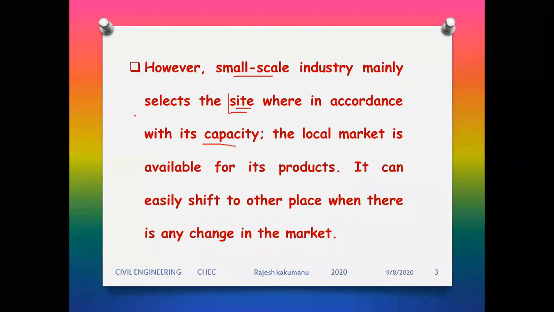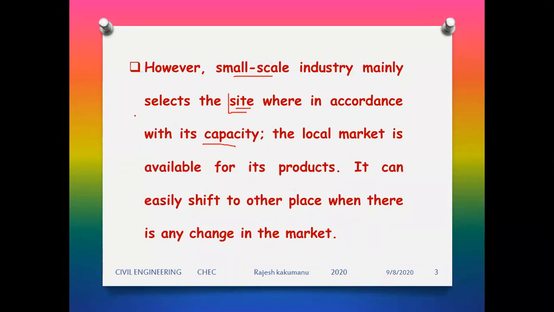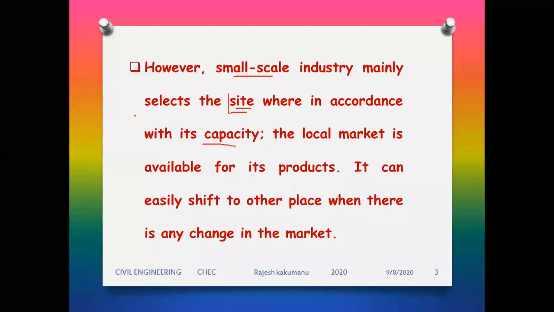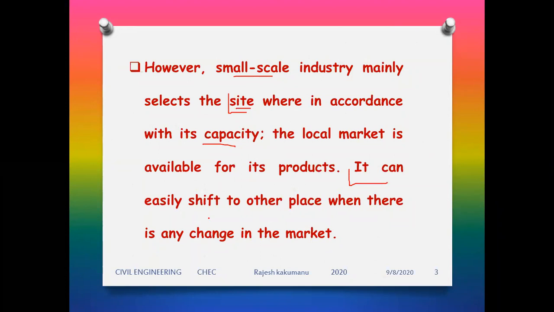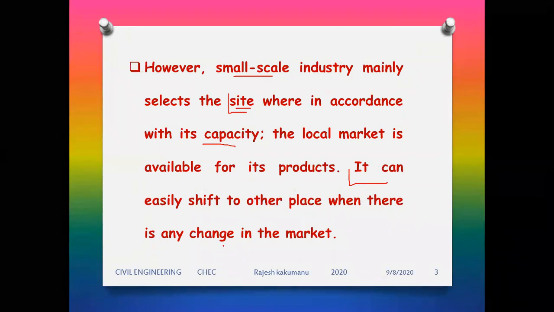Volume means how many people you get as business per day. So this is a simple calculation, and based on that you go for the site selection. In the local market we see these types of things. Sorry, it can be easily shifted to another place where there is a change in the market.